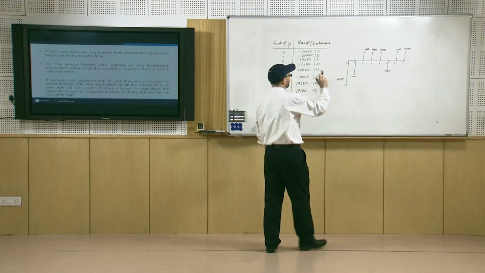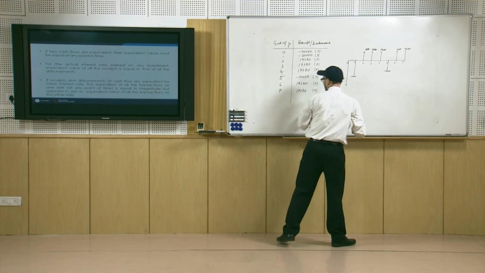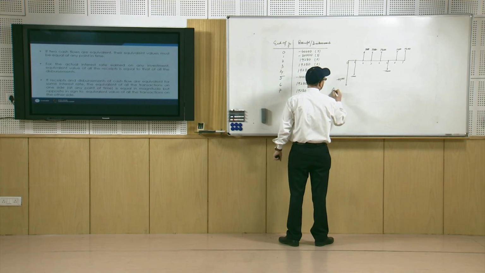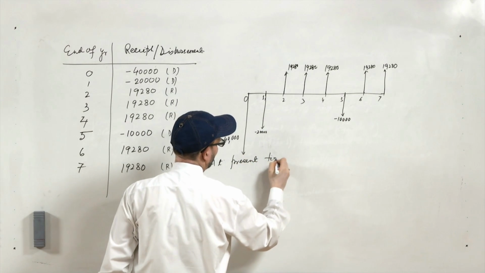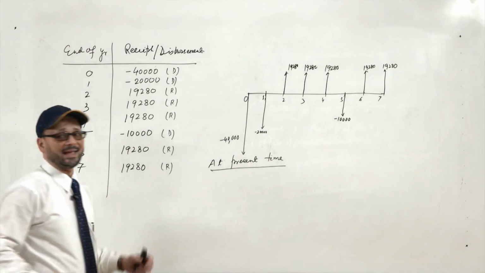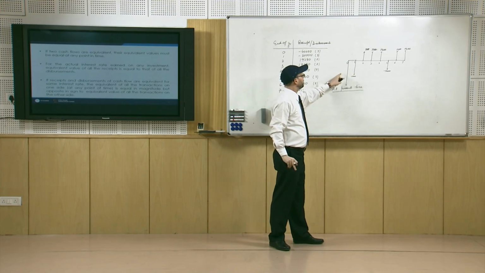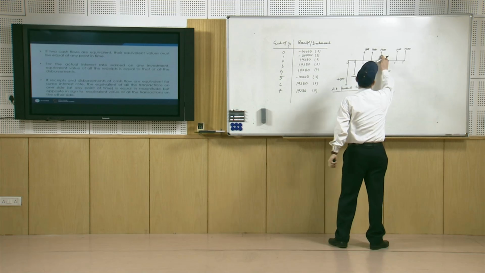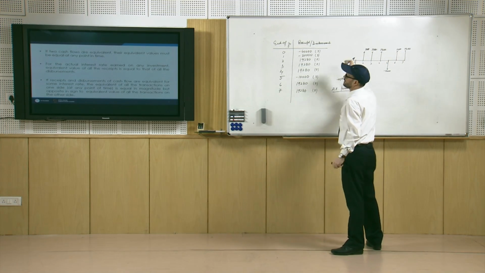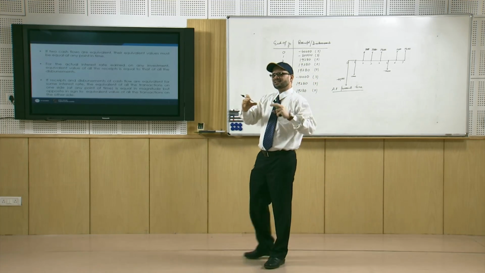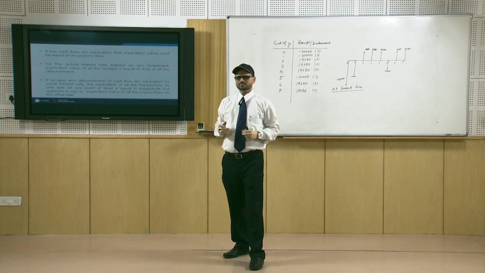So, if we find the equivalent values at the present time, the equivalent value of all these disbursements must be equal to the equivalent value of all these receipts, and that will be the actual interest rate earned on this investment.